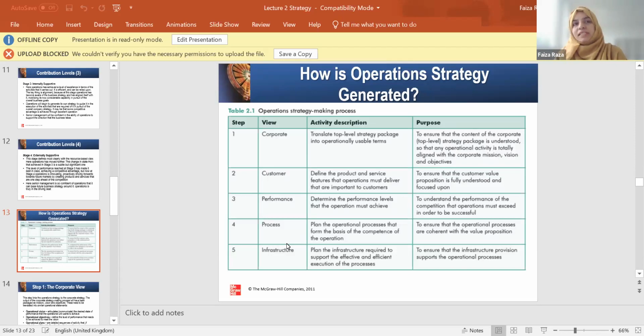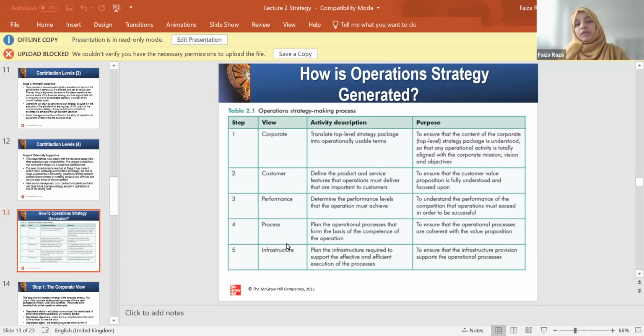Every company has its own vision or its own perception in the customer's mind. So while making the operation strategy, you need to follow the corporate mission. The second focus is customers.